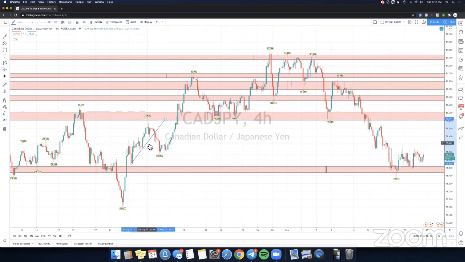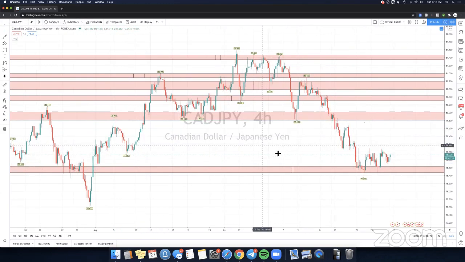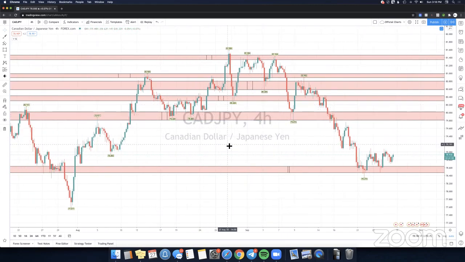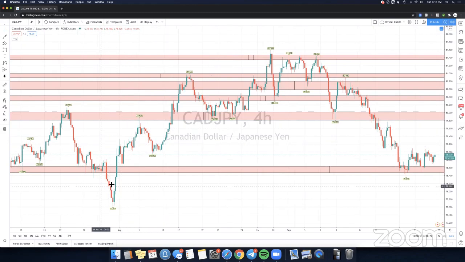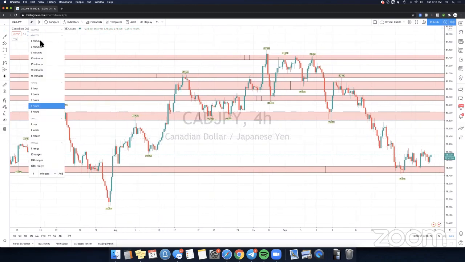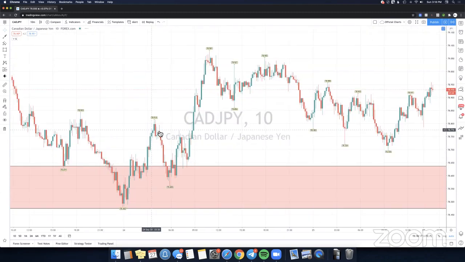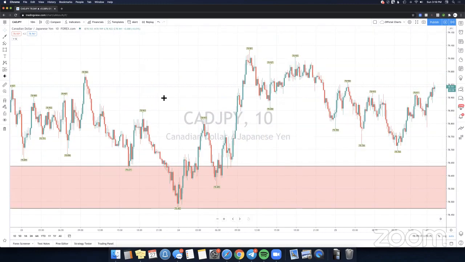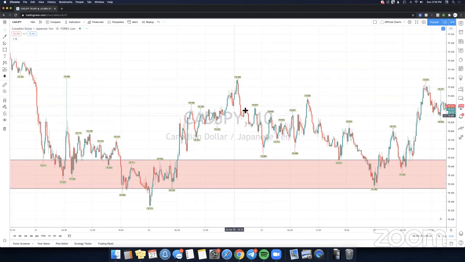I wouldn't say there's a specific time to really trade, depending on what time frame or what strategy you're applying. If you're trading on the 4-hour, it doesn't really matter because you're going to cross over into other sessions. But if you're scalping, so if you're trading on the 10-minute, then obviously it's going to make a huge difference because you can see that price moves differently from period to period.